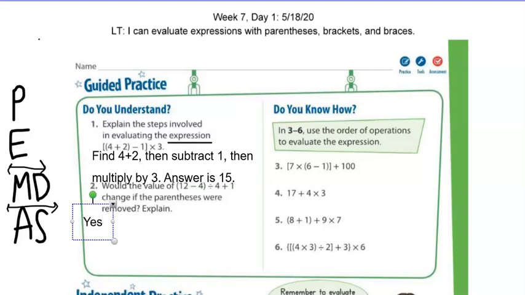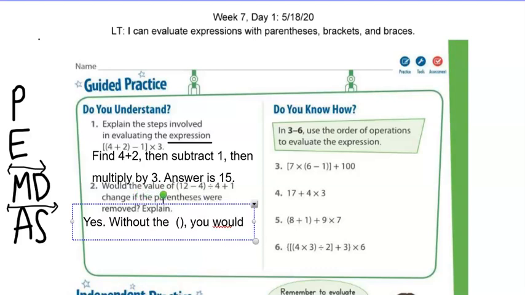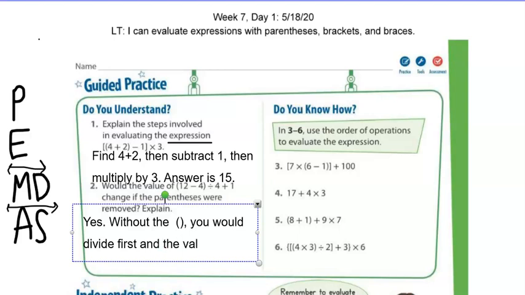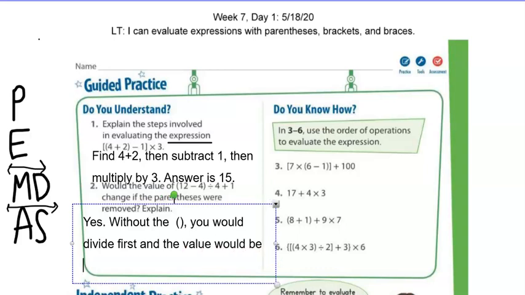So yes, without the parentheses, you would divide first, and the value would be 12 instead of 3. So without those parentheses, our value changes from 3 to 12.